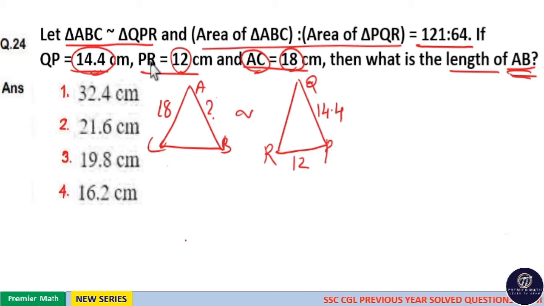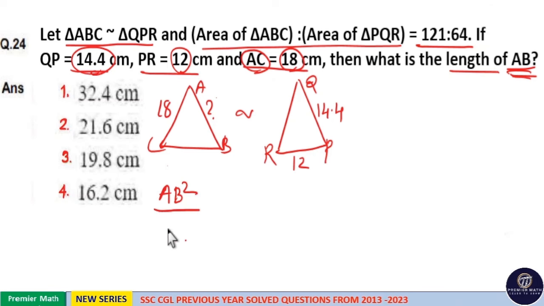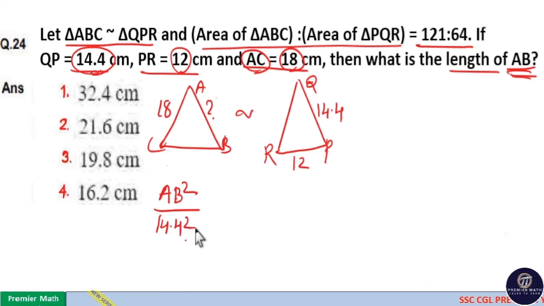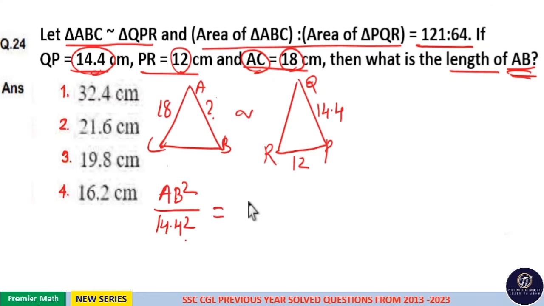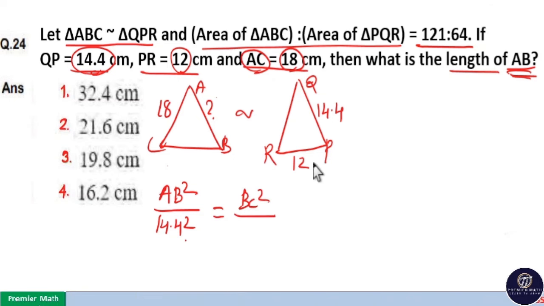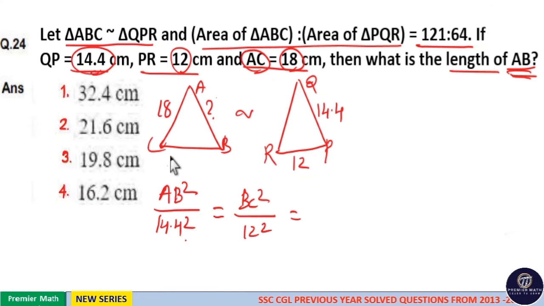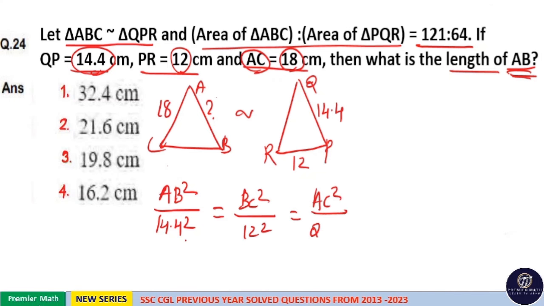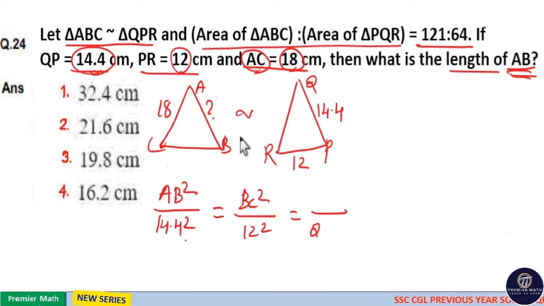So if these two are similar triangles, you can write AB square by 14.4 square is equal to BC square by 12 square is equal to AC square by QR square.